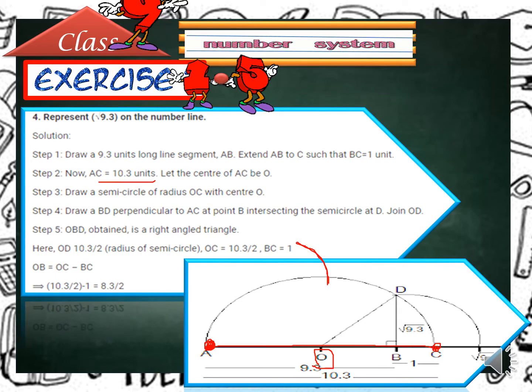Next is from C. Keep your needle here. Draw an arc with your pencil with the same measurement, as well as at the bottom. Keep your needle here, keep your pencil here and draw an arc. Now join these two points and you will get the center of the number line.